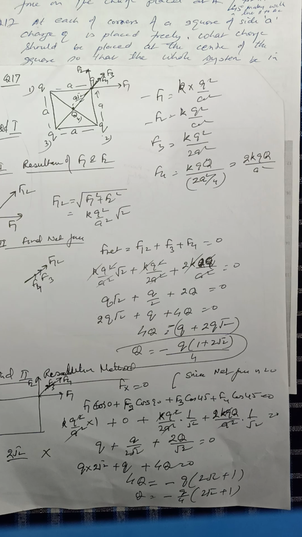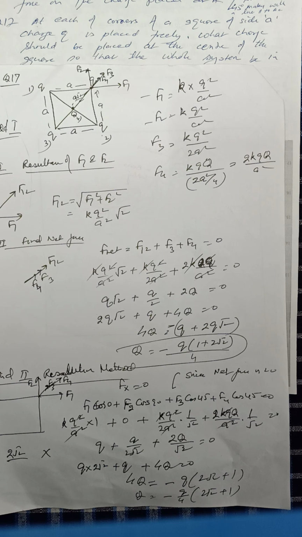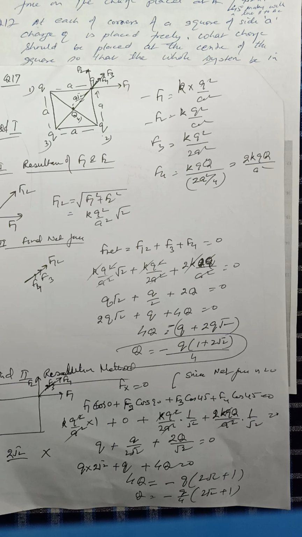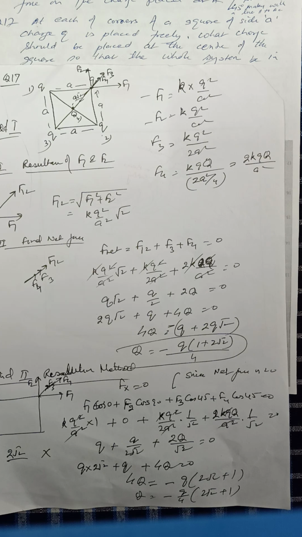So this is the solution of question number 17. Up to question number 9, there are simple questions where the Coulomb's law formula can be applied once or twice, but after question number 9, there are questions in which we have used the law of parallelogram or the resolution method, meaning extensive use of vectors. The method of adding two or three forces by the resolution method and by the law of parallelogram is given in the previous lecture.